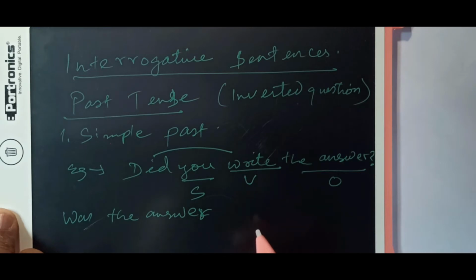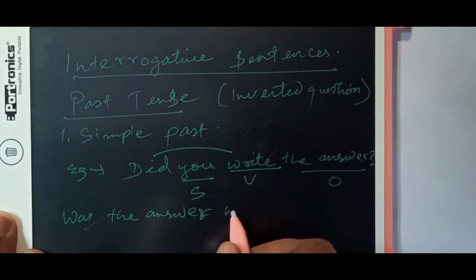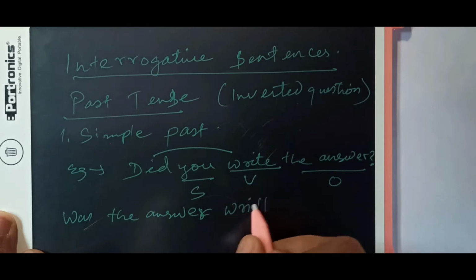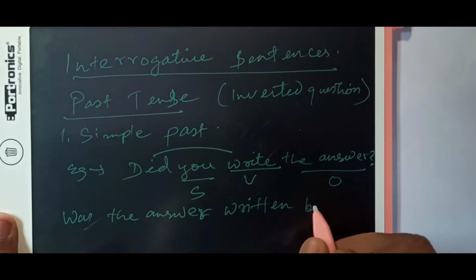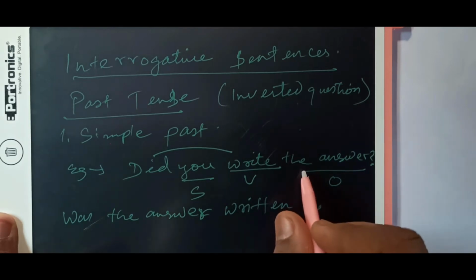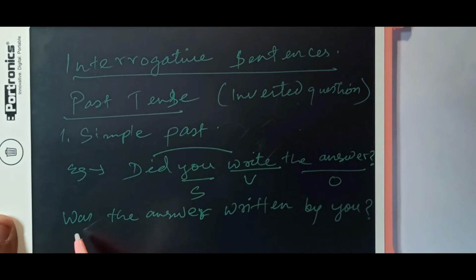Now our verb will turn into past participle form. It's just similar to the present tenses we have done, inverted questions in interrogative sentences. Was the answer written? Then our preposition enters here and subject becomes object, you, and then the question mark. So this is how: was the answer written by you?